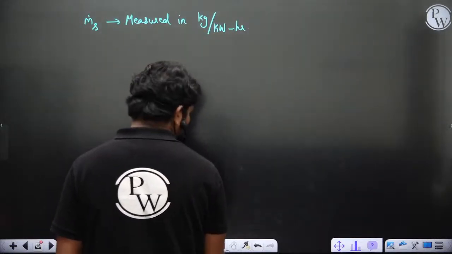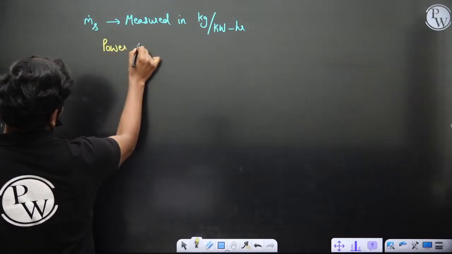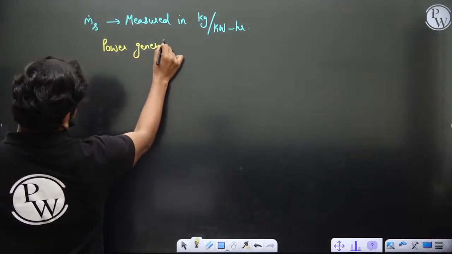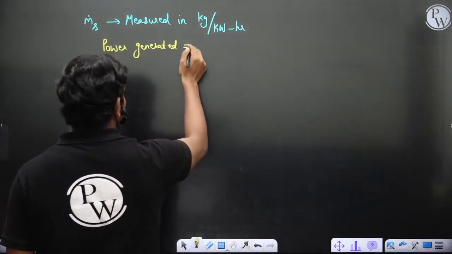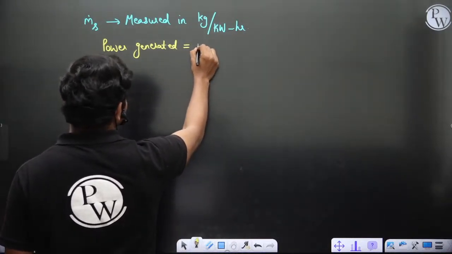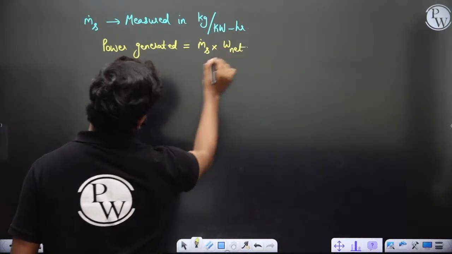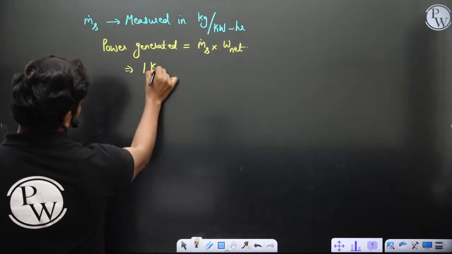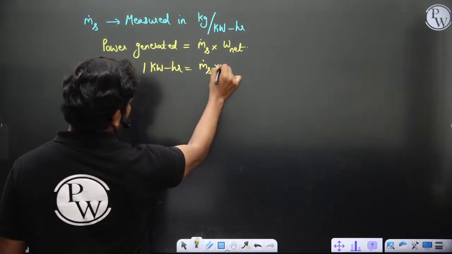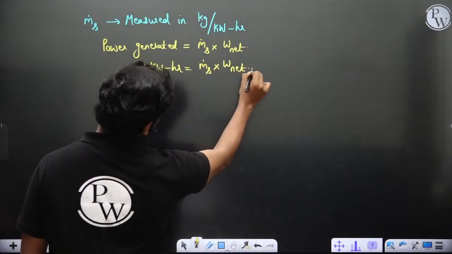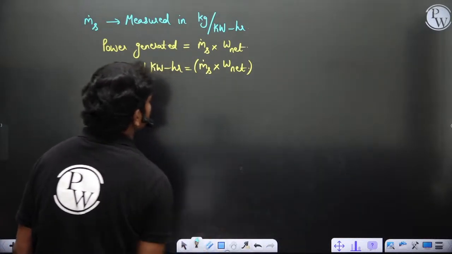Clearly, the total power generated is equal to m dot s into w net. If I want this to be 1 kilowatt hour, what should my m dot s be? So the power generated has to be 1 unit of power.